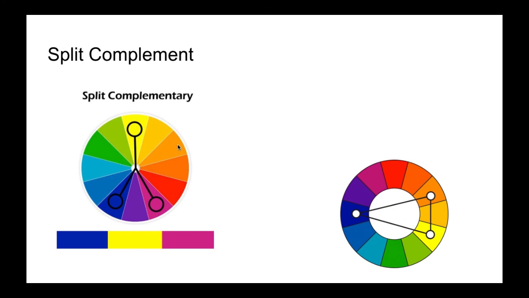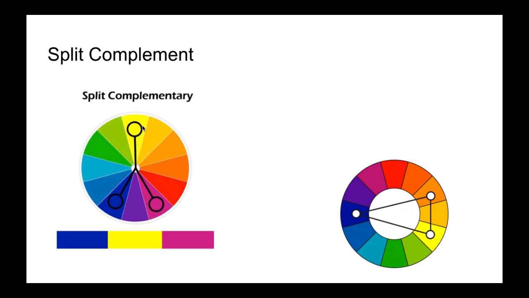So our last one is what's called a split complementary color scheme. So split complement starts with a regular pair of complements, so in this case yellow and purple. But for one of the colors, instead of taking the complement to yellow, we're going to take the 2 colors on either side. So we are literally splitting the complement into 3 instead of 2.